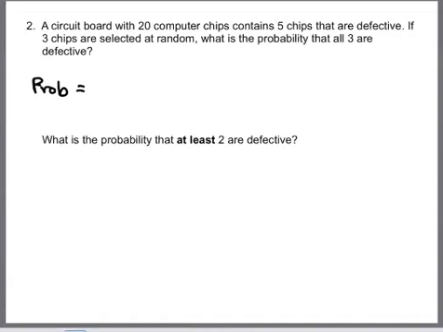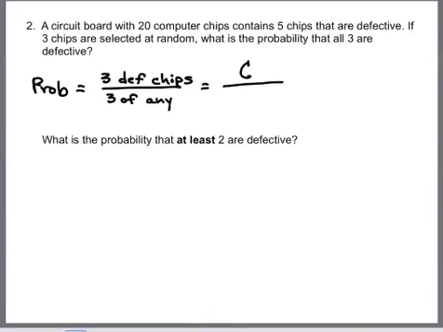So I want to think of how many ways it can come up 3 defective chips out of how many ways we can get 3 of any chip. All right. So how many are defective? Well, out of 5 total defective, how many ways can we choose 3?